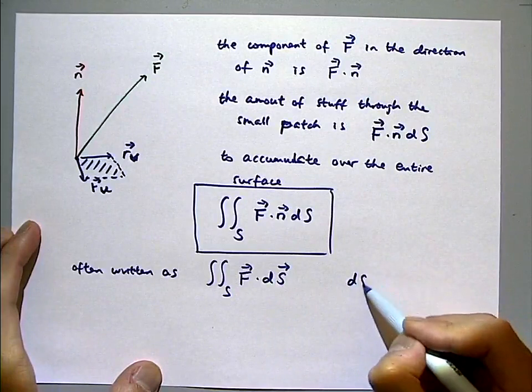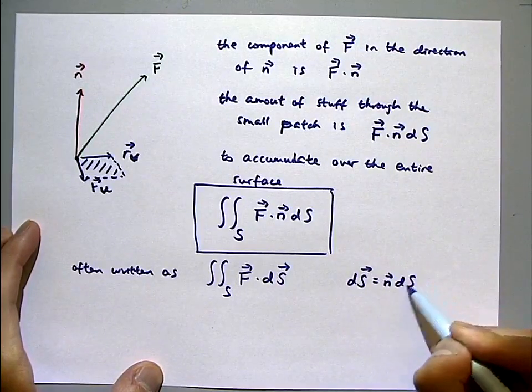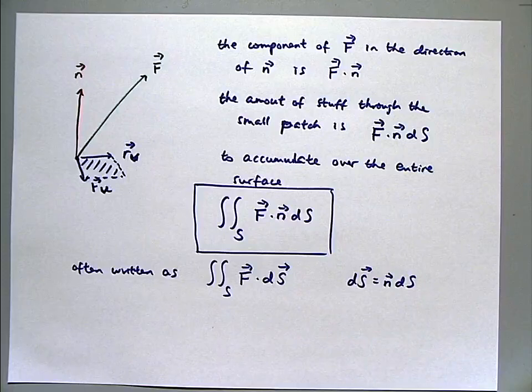And of course, dS is just shorthand for N dS. Okay? Now we're going to have to worry about how to calculate this stuff. See, I told you things are about to get interesting.